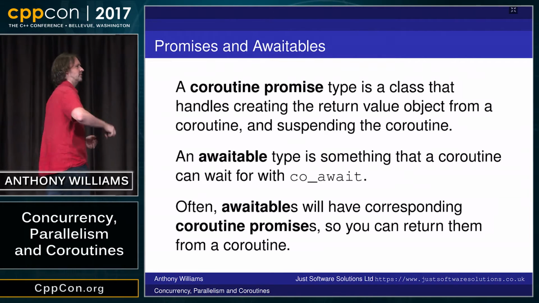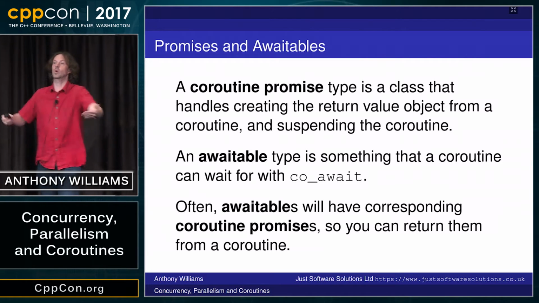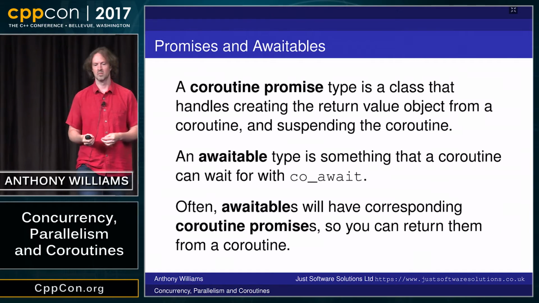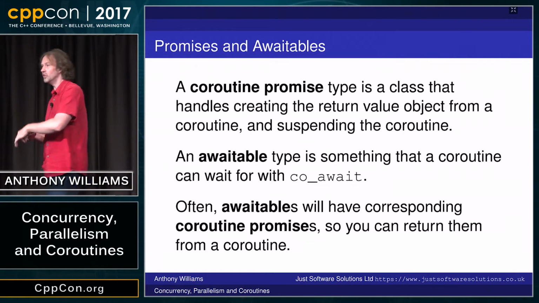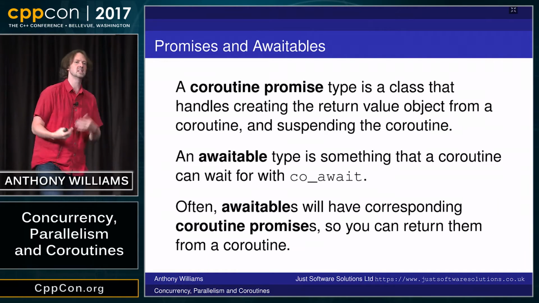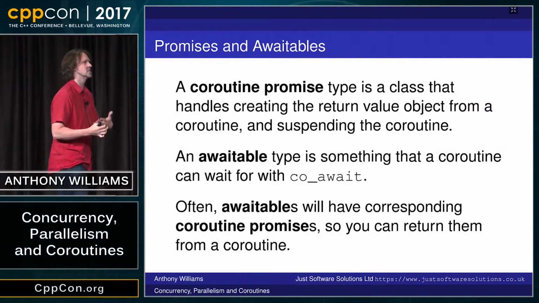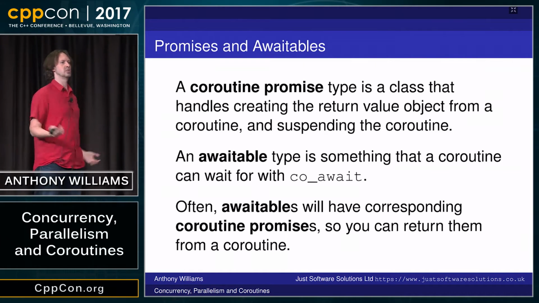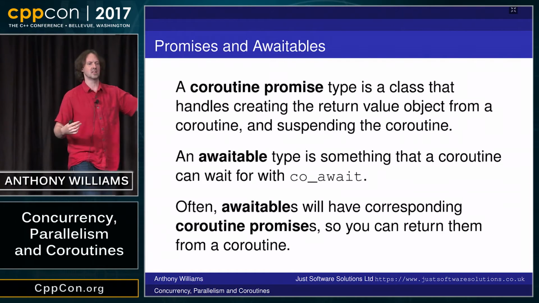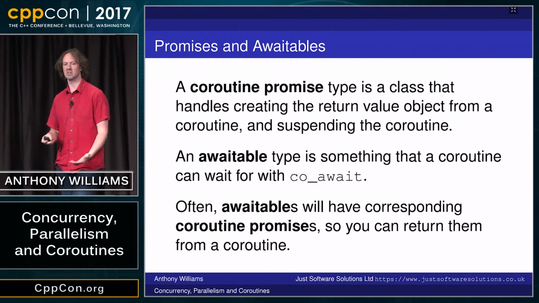And then they also have this concept of an awaitable. The awaitable is something that you can wait for with co_await. And often they will be related types. So you might have something that is both an awaitable, you can wait for it with co_await, and has a corresponding coroutine promise type so that you can use that type as a return value from your coroutines. But they're not necessarily the same.